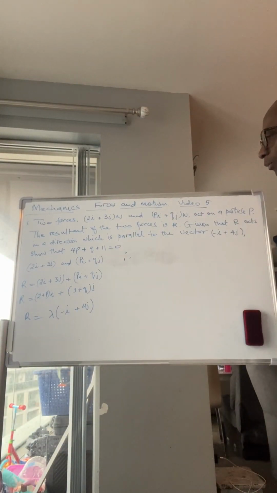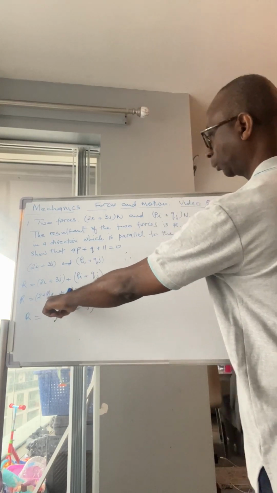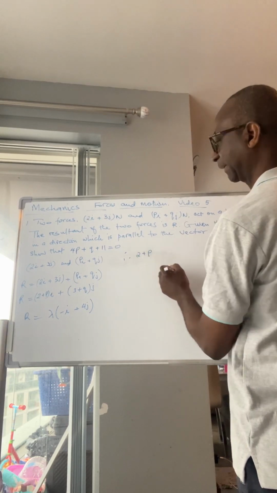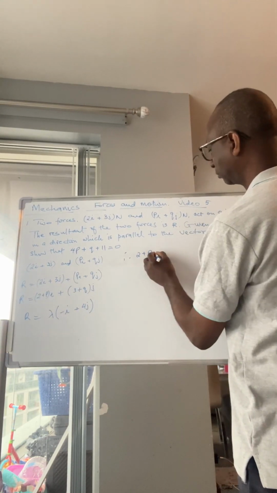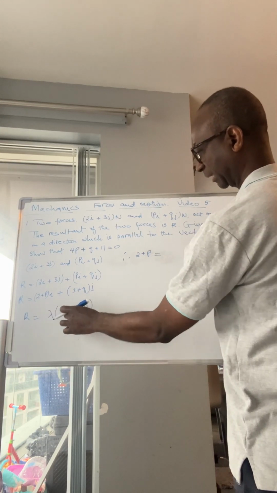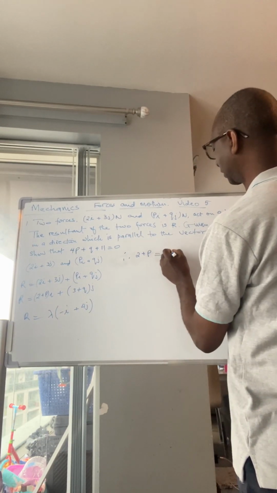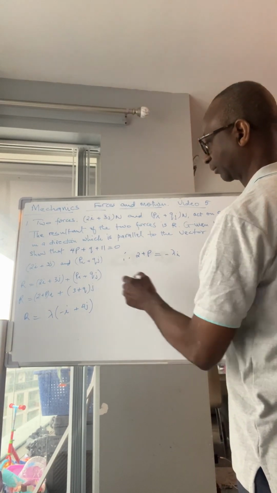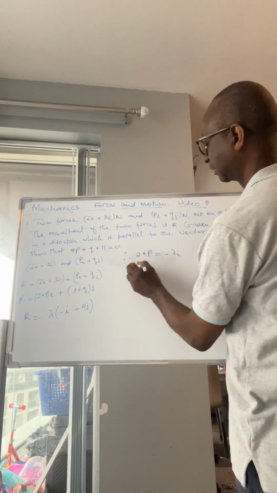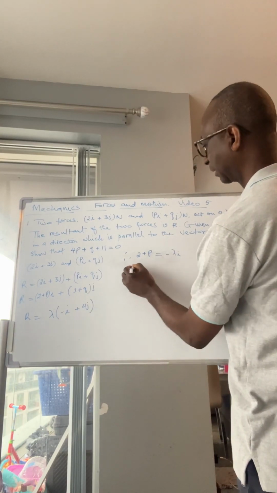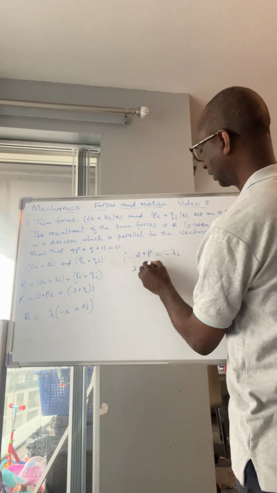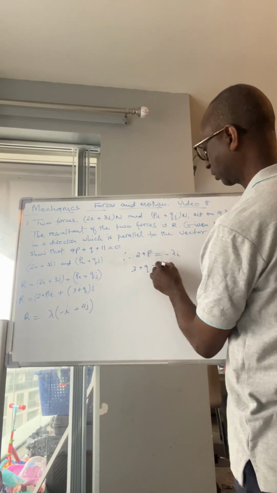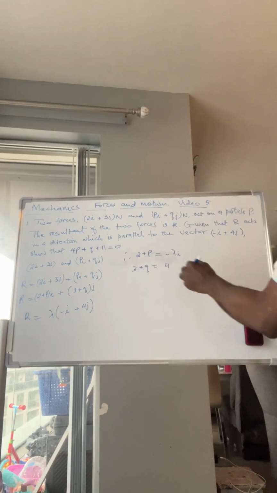Therefore, we have 2 plus p, which is the i component, equal to minus lambda, and then the j component, which is 3 plus q, equal to 4 lambda.